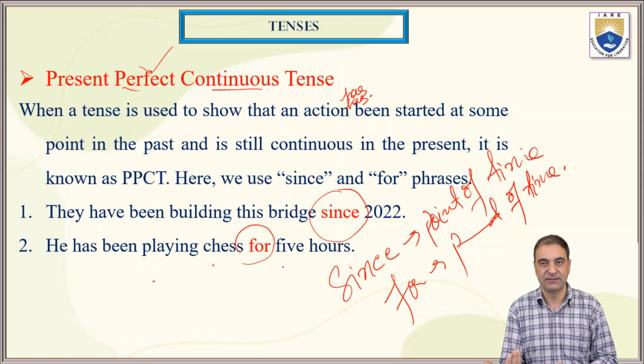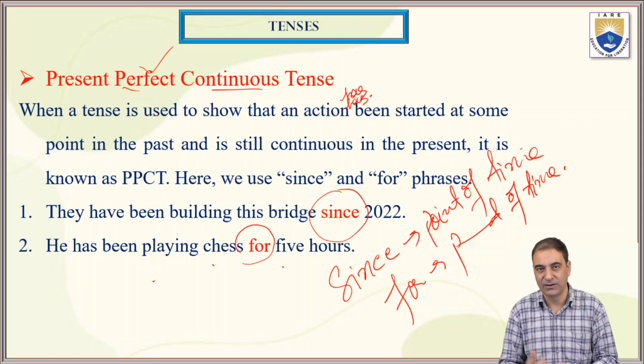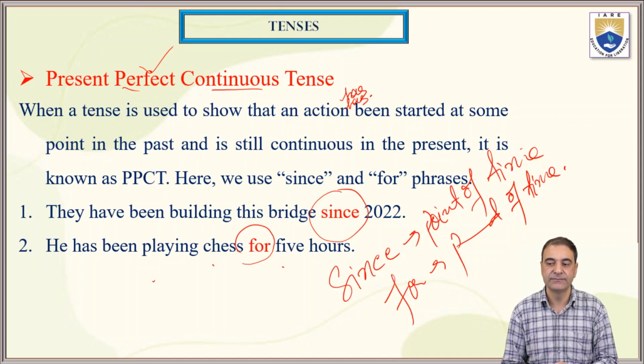For example, many hours. Not exact years, like several years. Or not exact months, like several months. When there's no exact time, no exact month, exact day, or exact year, we use for. And when there's an exact month, exact year, exact time, or exact day, we use since.